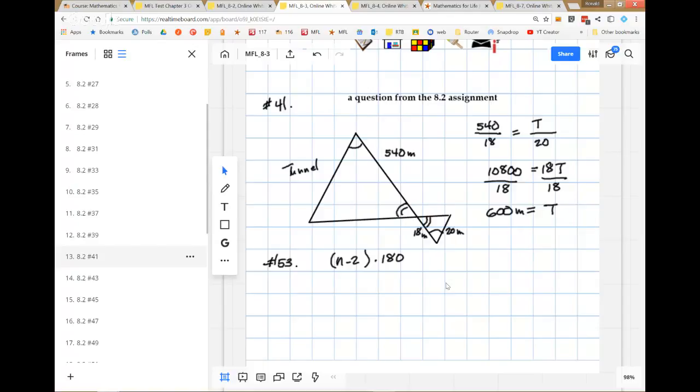You see why it's twisted? Because the single notch is on the opposite side of this triangle as the single angle is up here. Yeah, so that's the only tricky part. 540 is to 18 as T is to 20.